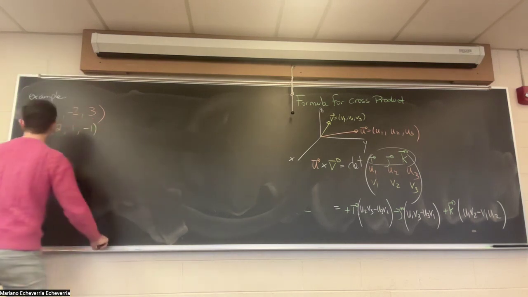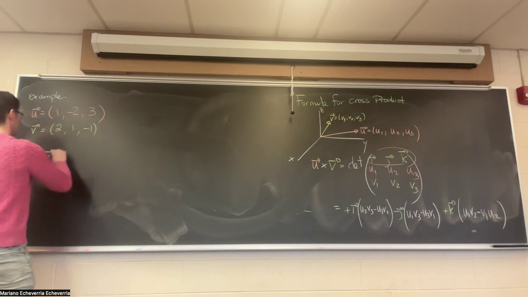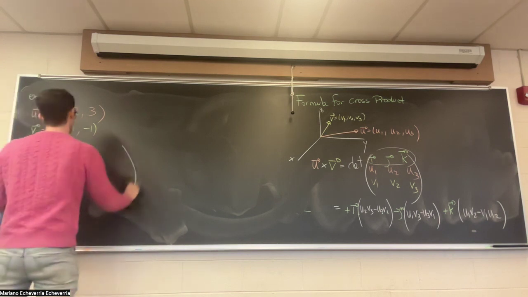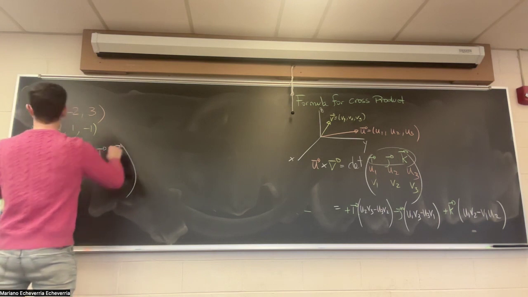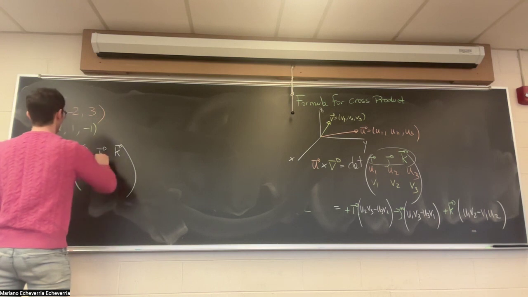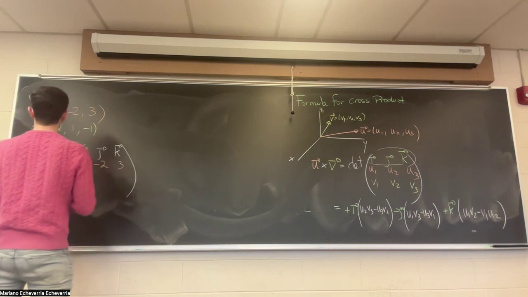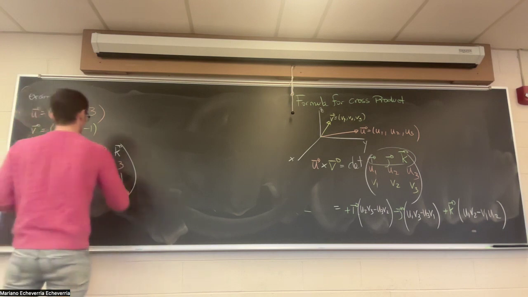So you determine the cross product using this formula. You set it up as a determinant. Put i, j, k on the first row, then the entries of u in the second row, so 1, -2, 3, and the entries of v in the last row, so 2, 1, -1.